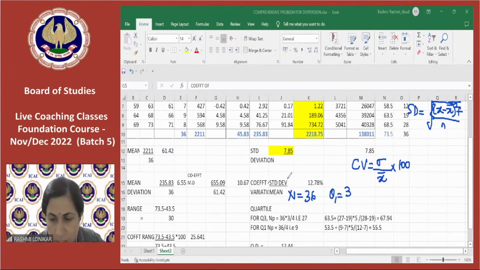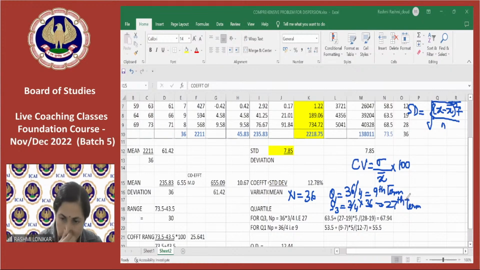So it is 36 upon 4, which is equal to the 9th term, and Q3 will be equal to 3 upon 4 into 36, which is equal to the 27th term. Okay, so the 9th term and the 27th term.